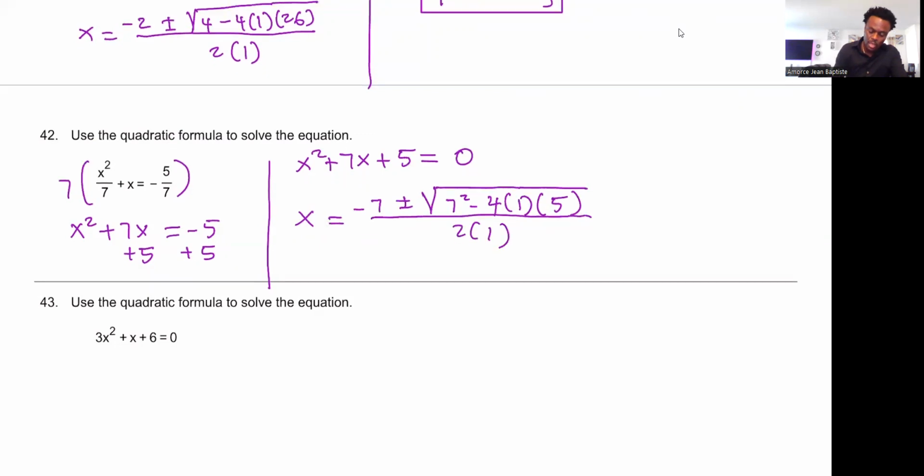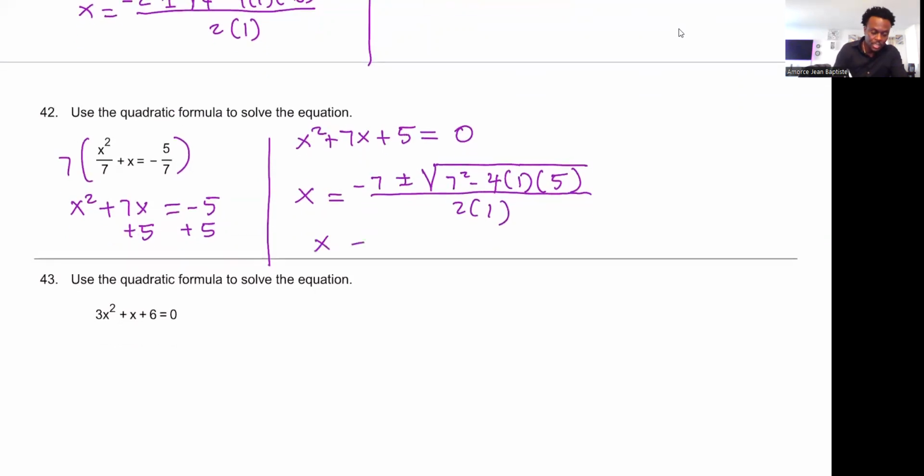Then we're going to simplify this to get negative 7 plus or minus square root of 7 squared is 49 minus 20, so that's 29.